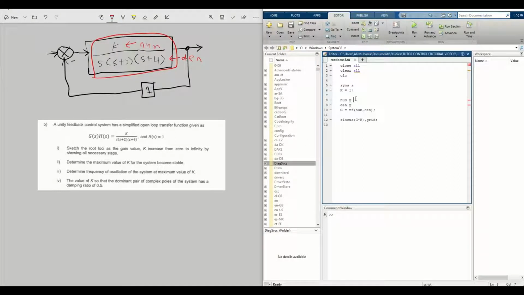The numerator, according to the question, is 1, while the denominator is s plus 1, s plus 4. Sorry, s plus 2. Okay, we put the multiplication over here and close the bracket and use the function sim to poly.